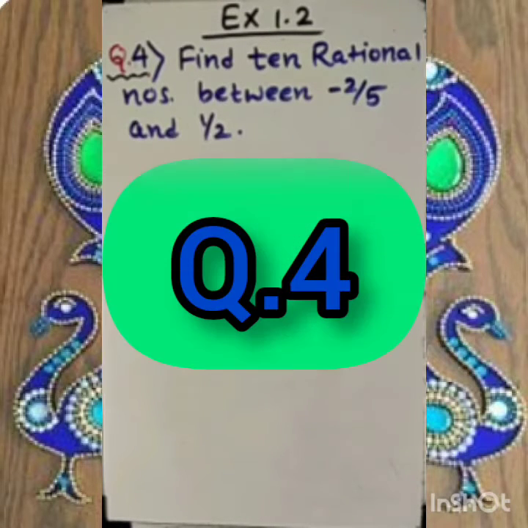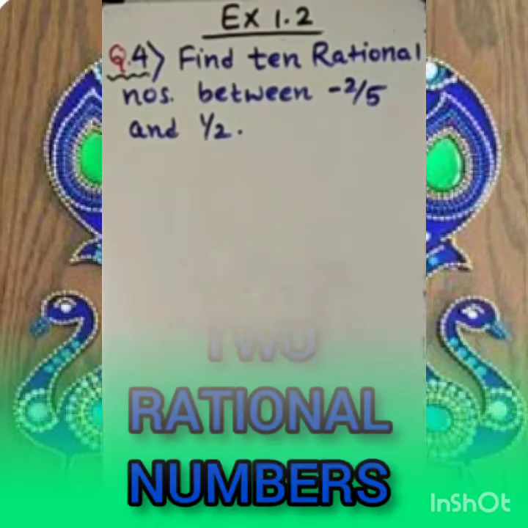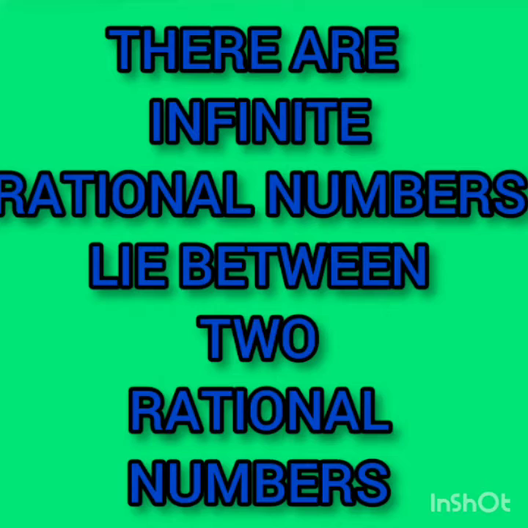So my dear student, here question 4 of exercise 1.2 we are given: find 10 rational numbers between -2/5 and 1/2. So dear student, as I told you before, there are infinite rational numbers between these two given numbers. Fine. Now which two numbers we are given?